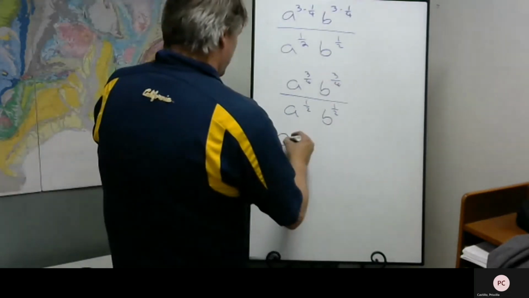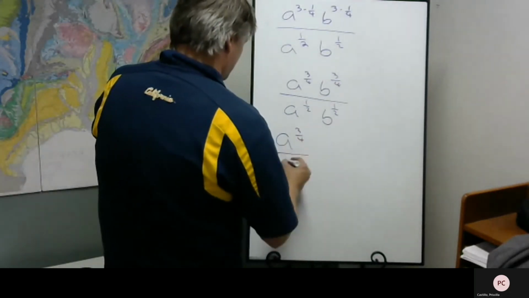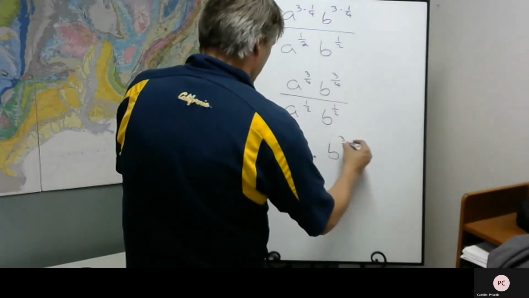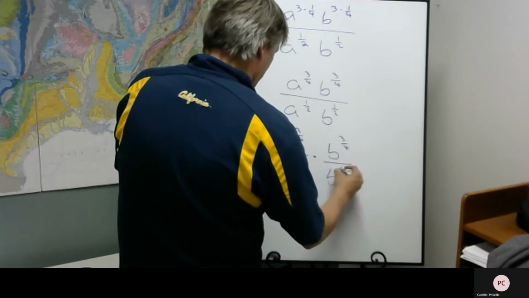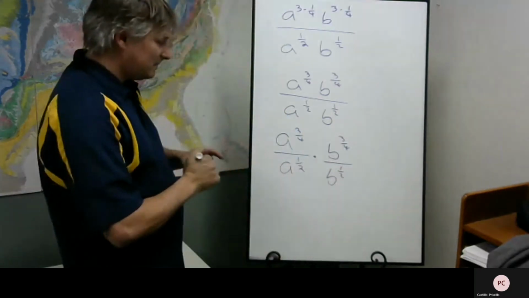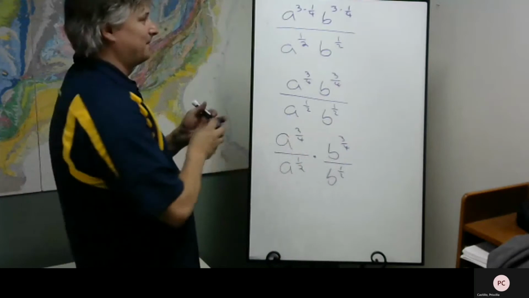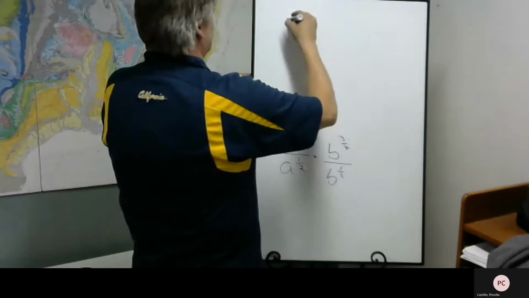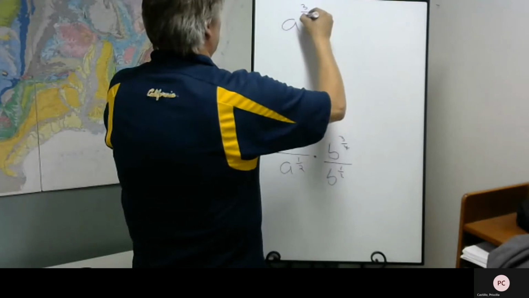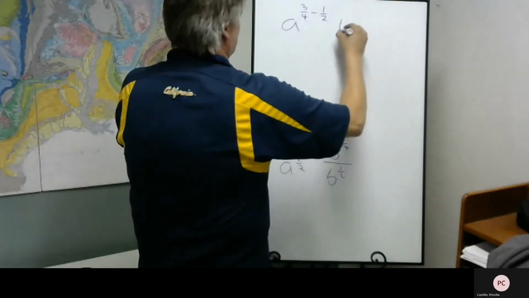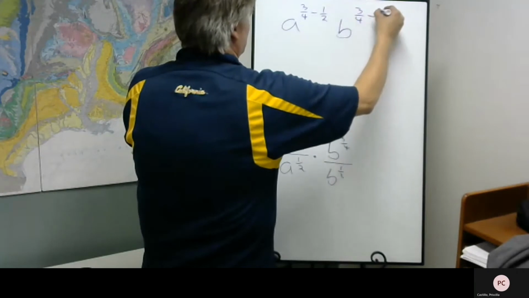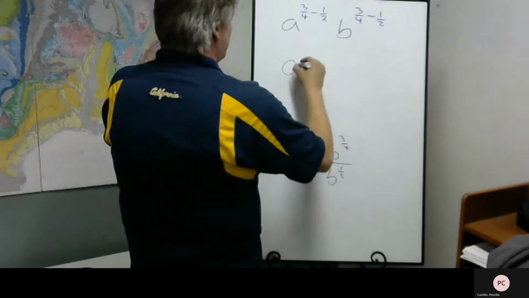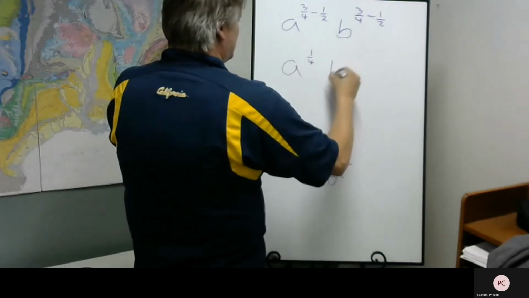Or what we can do, we can break it up like so, and use our quotient rules. And so what that's going to give us, this will be a to the 1/4, b to the 1/4.